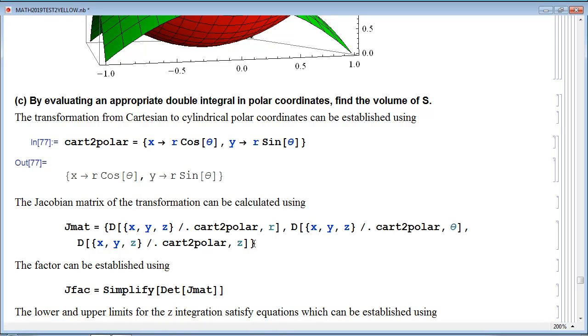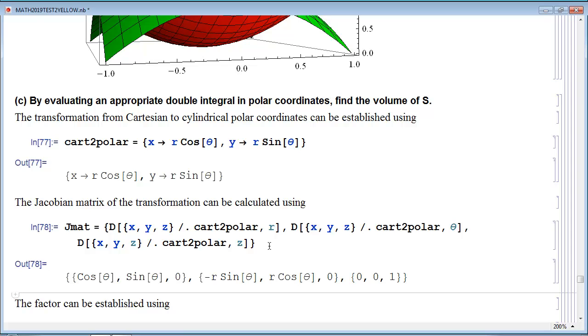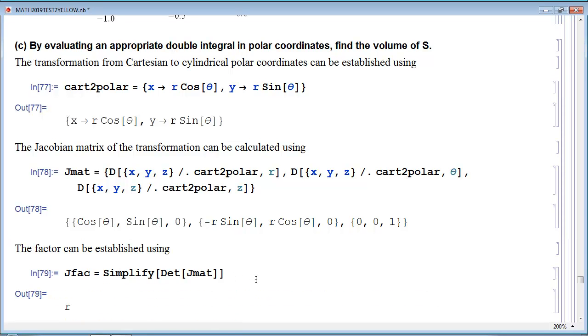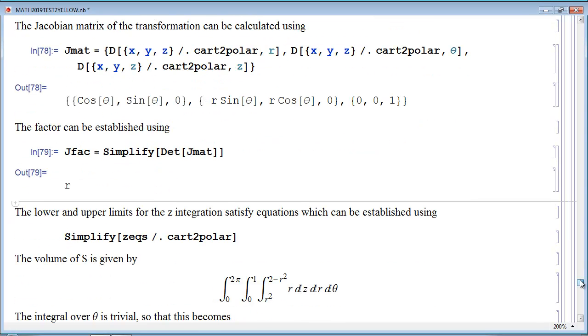And so there's the matrix. The factor that goes into the integral is related to the determinant of that matrix, and we can calculate that to see that it's just r. So, now we want to do the integral.